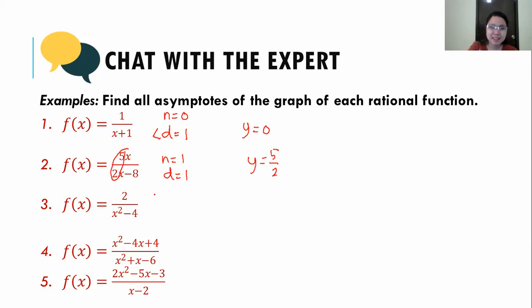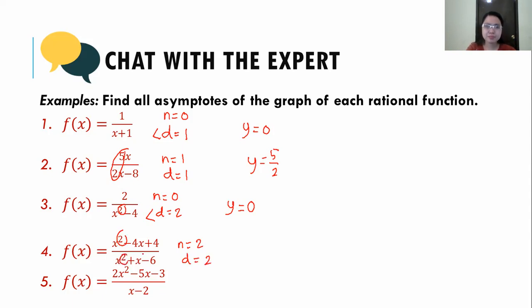Next, the numerator's degree is 0. The denominator's degree is 2, it's squared, so it's greater. So based on our rule, our horizontal asymptote is y equals 0. Next, number 4. The numerator's degree is 2, that's squared. The denominator's degree is also 2.